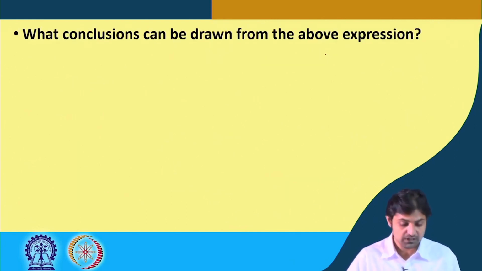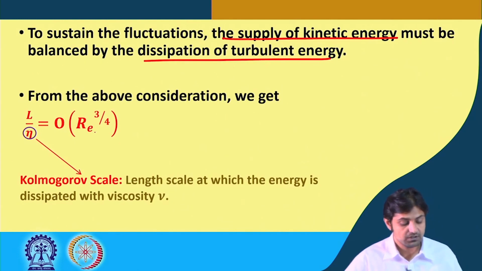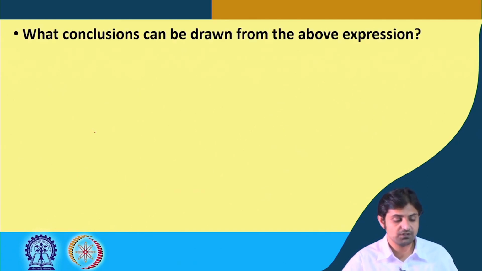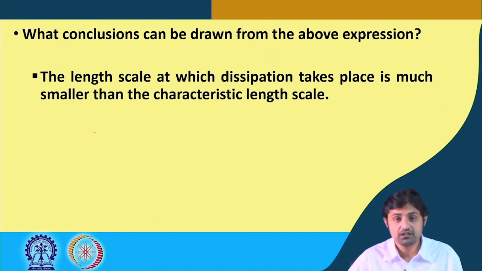So what conclusions can be drawn from the above expression? This is important. L by eta, the length of the flow divided by the Kolmogorov length scale at which energy is dissipated, is a function of Reynolds number to the power 3 by 4. This means that the length scale at which the dissipation takes place is much smaller than the characteristic length scale.